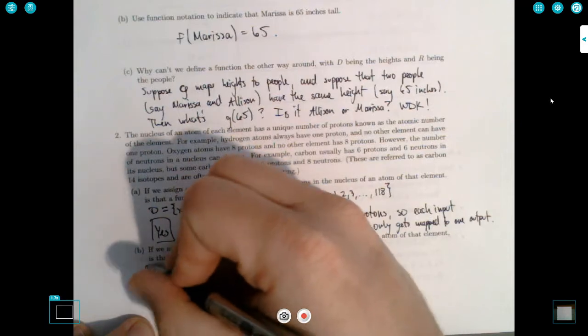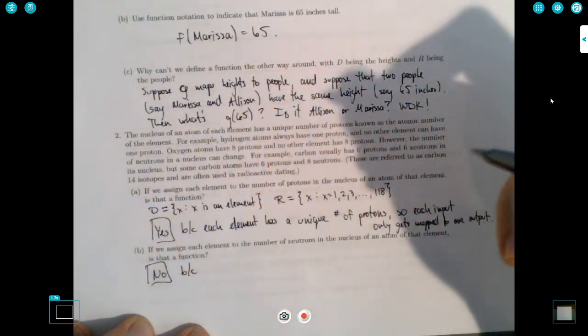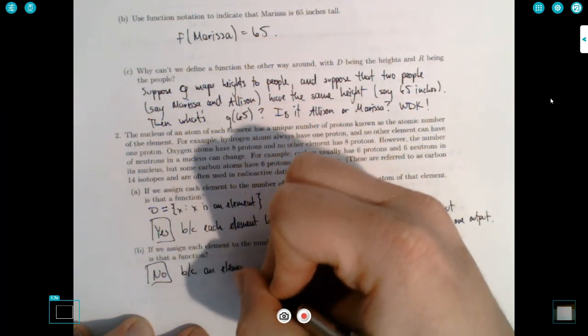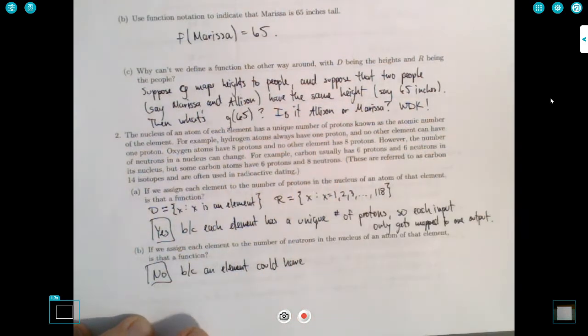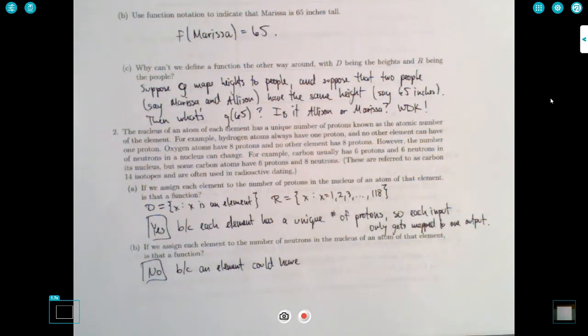No, because an element could have multiple different numbers of neutrons in its nucleus, right?